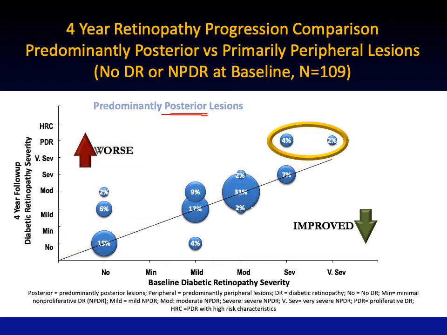As you can see, only 6% of eyes progressed to PDR in the group with the predominantly posterior lesions.